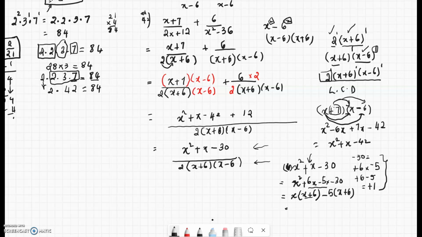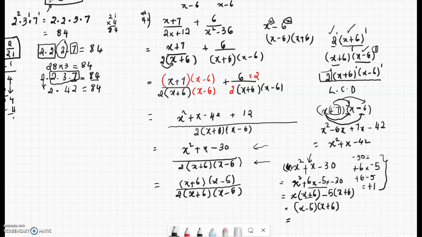And this is equal to x minus 5 times x plus 6. So this is equal to x plus 6 times x minus 5. We've factored the numerator, and factoring, by now you should be able to do it quickly and correctly. Get a lot of practice with that.